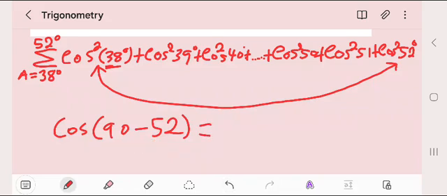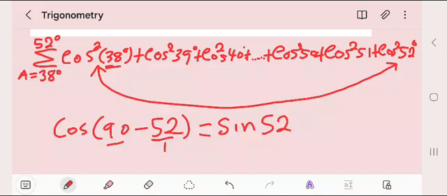However, if you look at this from this perspective, 90 is a co-function, so this will change towards a positive sine, and then you will have 52.